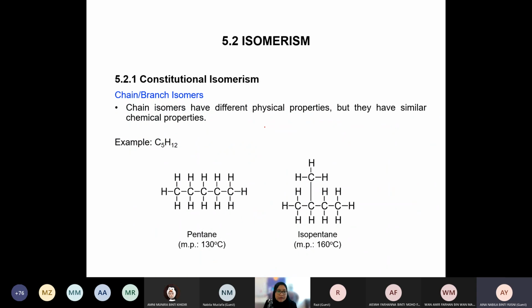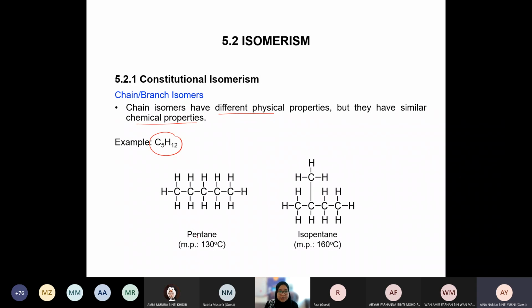Another one is, chain isomers have different physical properties. Okay, still for chain or branch isomer, they have different physical properties, but they have similar chemical properties because they come from the same chemical formula, but the physical properties are different.